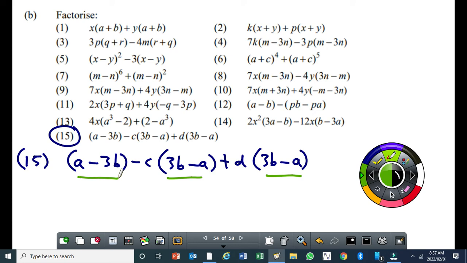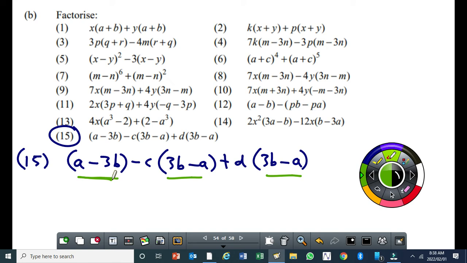Sir, do you have to choose any of the binomials to change? When you're choosing the binomials to change, do you have to change the b minus a, or can you change the a minus b? It's your choice. You can even change this one to 3b minus a. In the end, the answers should be more or less the same.